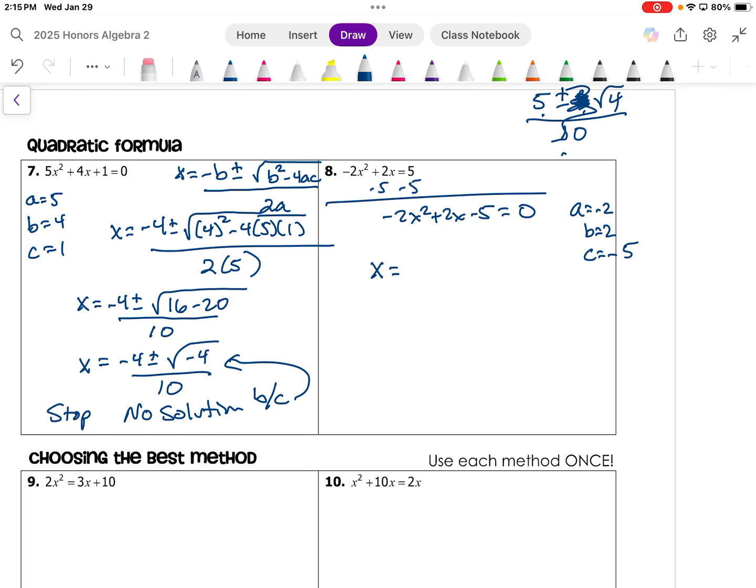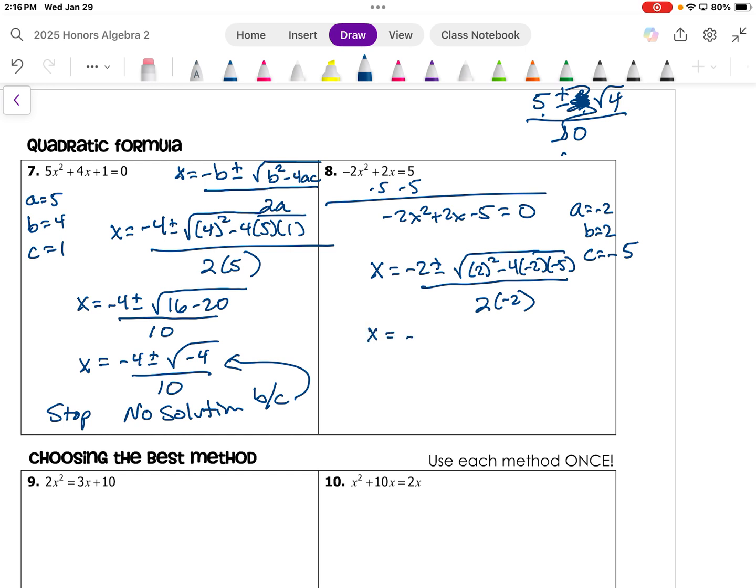So, all right, my A is negative 2, my B is positive 2, and my C is negative 5. So x equals negative 2 plus or minus square root 2 squared minus 4 times a negative 2 times a negative 5 all over 2 times negative 2. All right.